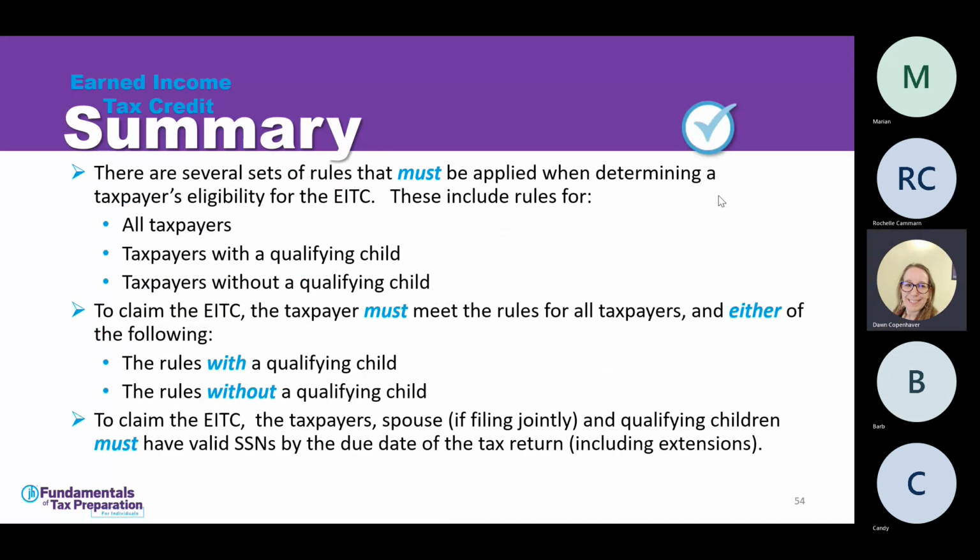Okay, so for earned income credit, we learned that there's special rules that apply in order to qualify for the credit. There's rules that all taxpayers have to meet. There's rules for people with children, and there's rules for people without children. We talked about the rules with qualifying children. We talked about how they have to have social security numbers before the due date of the tax return, including the extensions.